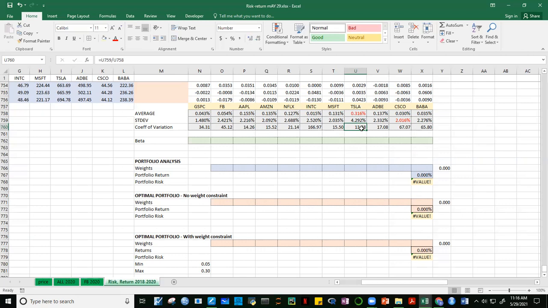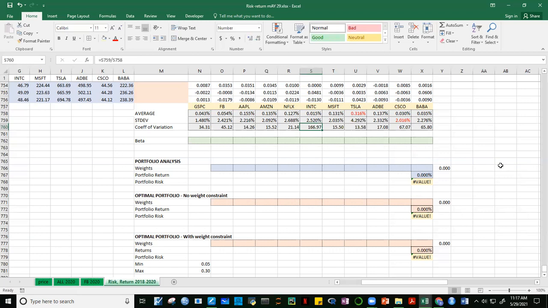So si Tesla pinakamaganda, tapos pangalawa si Apple. Okay, ang worst sa kanila, yung pinakamataas, si Intel pala. Worst. Kasi for every 1% return, you're assuming 167 units of risk. No? Okay.